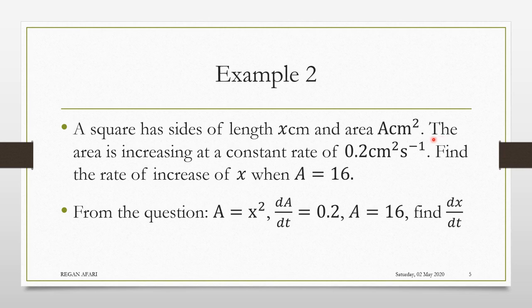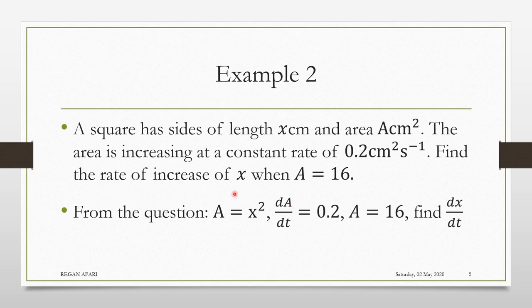The area is increasing at a constant rate of 0.2, sorry, centimeters squared per second, since s to the power of -1 is the same as per second. We are supposed to find the rate of increase of x when A is 16.